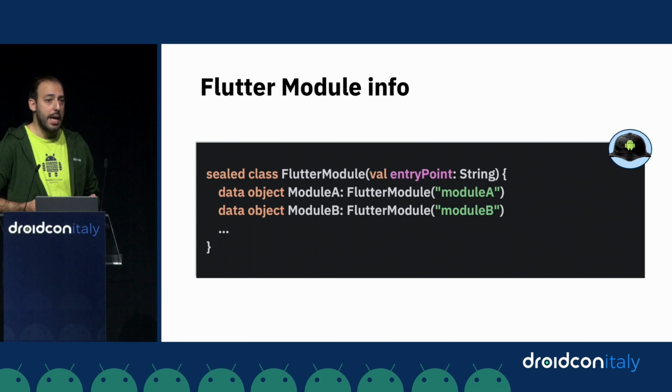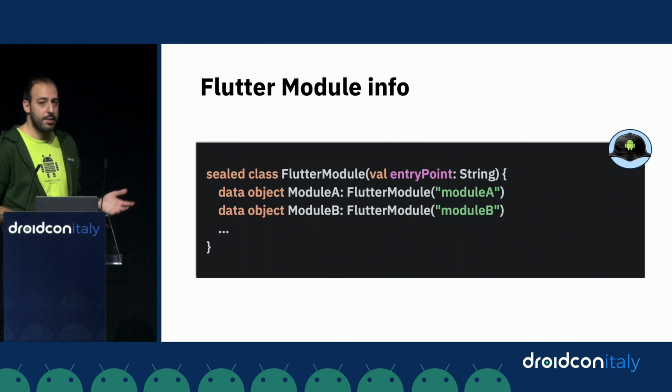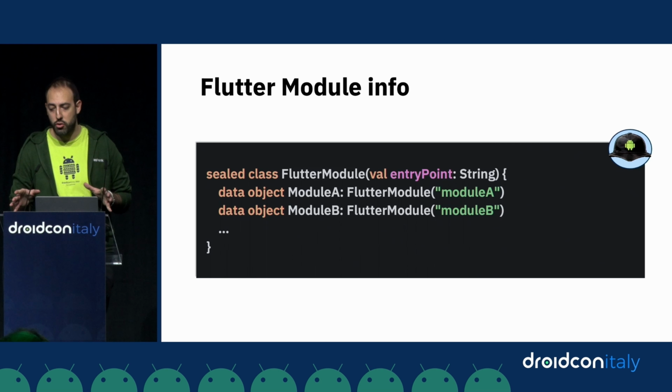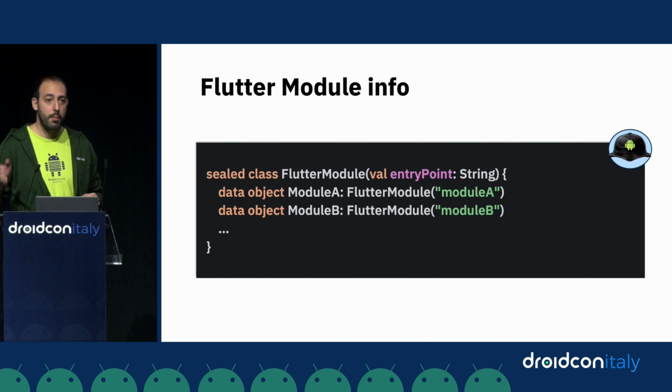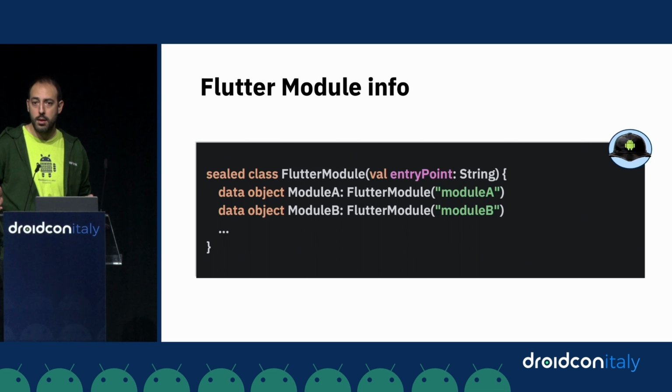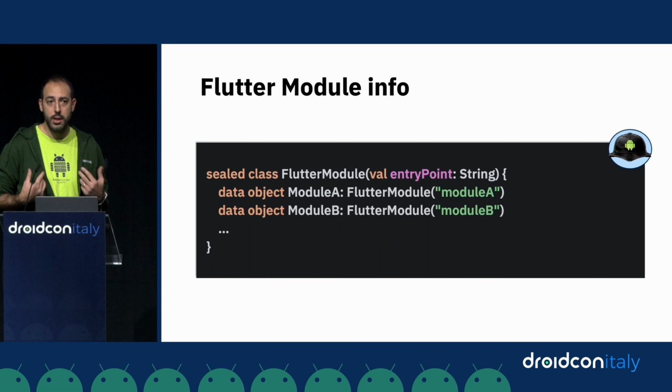So we can create an enum class, sealed class, whatever you want to keep the information. So we are going to keep module A and module B as strings because they are our entry points, our anchors.